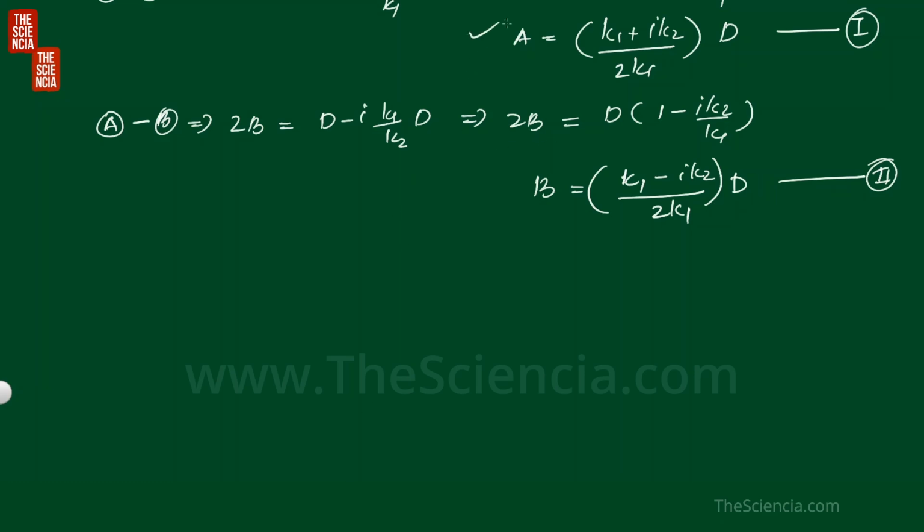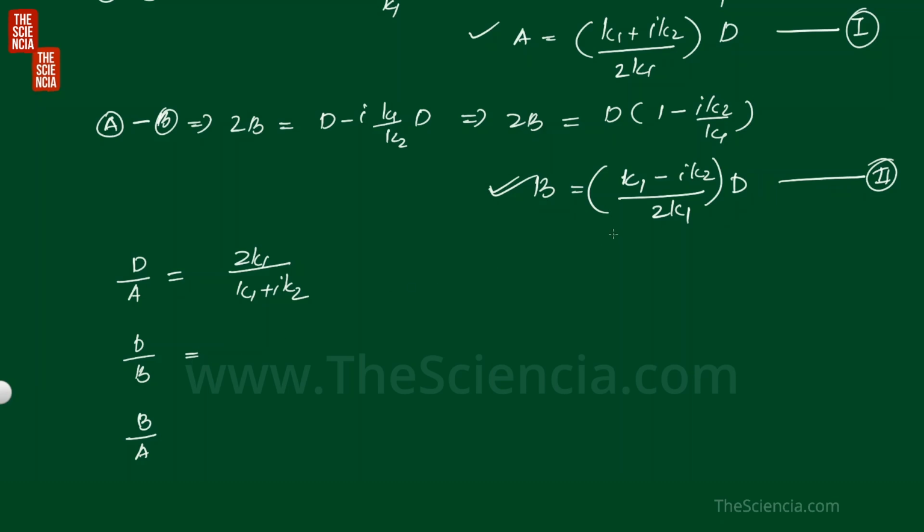Here from these equations we can find d by a, d by b and b by a. What is d by a? That is 2 k1 by k1 plus i k2. And what is d by b? That is, from this equation we can find out, right?